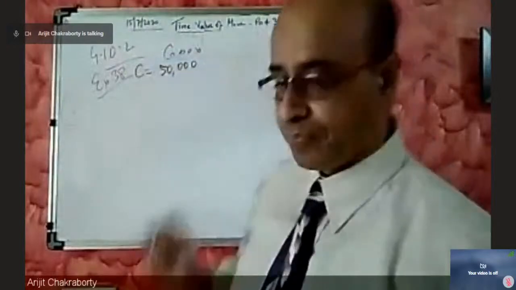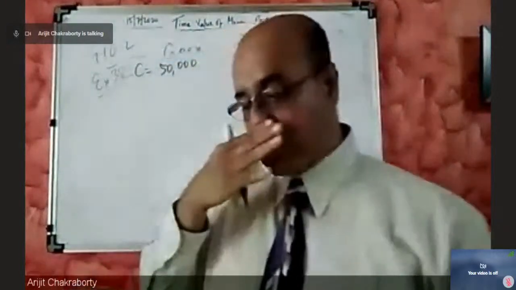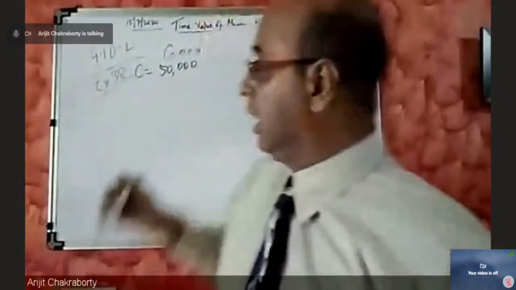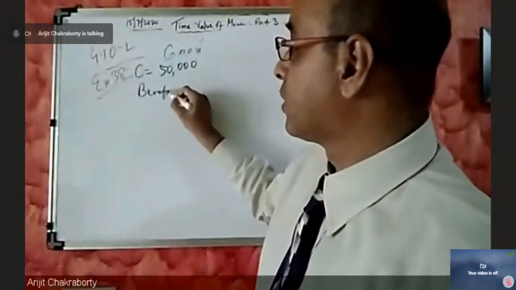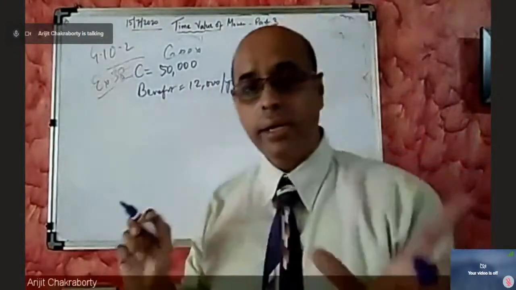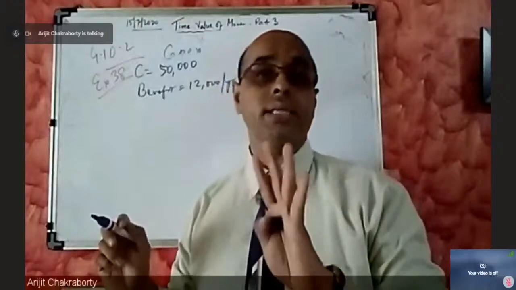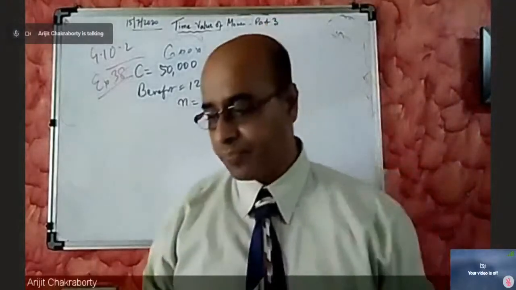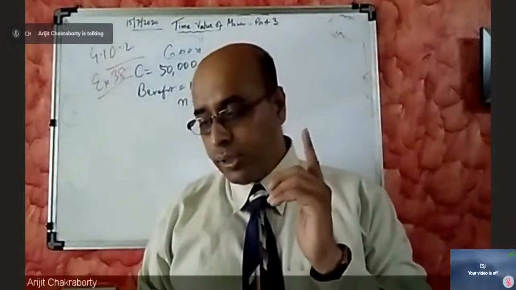Purchase cost, see. The machine will contribute benefit of rupees 12,000 per year. So the benefit is 12,000 per year. Fine. For how many years? For the next 5 years. So n equal to 5. 5 years. The borrowing cost is 10%.